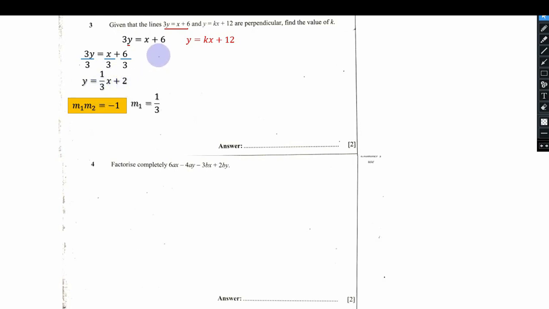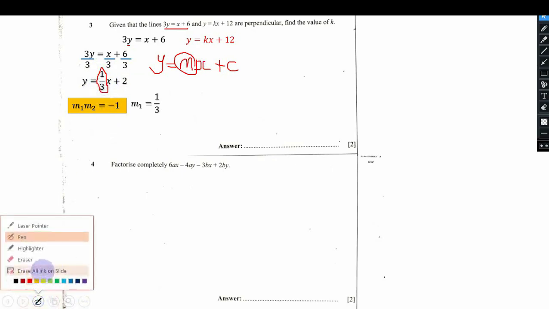Remember the equation is y equals mx plus c. That is the reason why we need to rewrite this equation into standard form, so that we are able to find the gradient, the m. So this is the m here in front of the x.